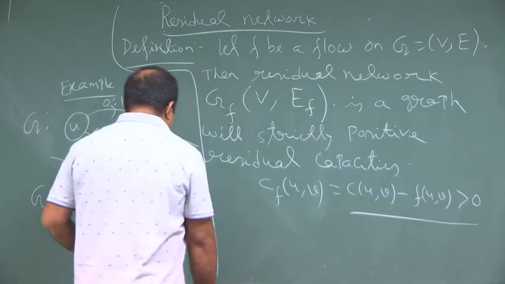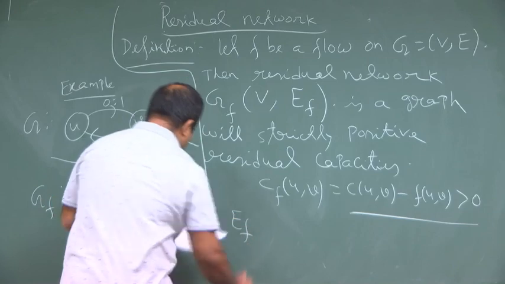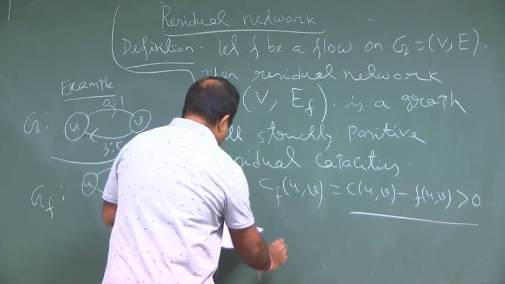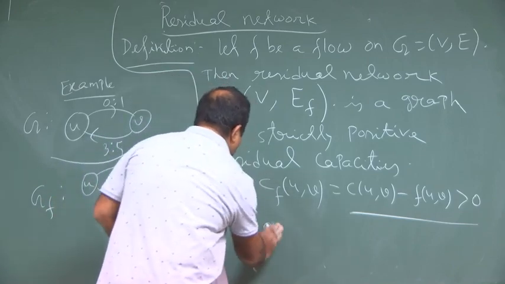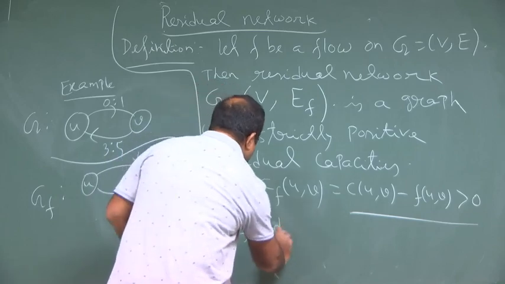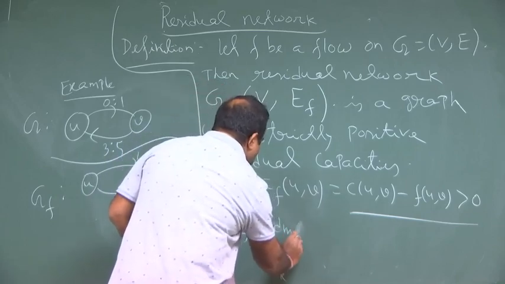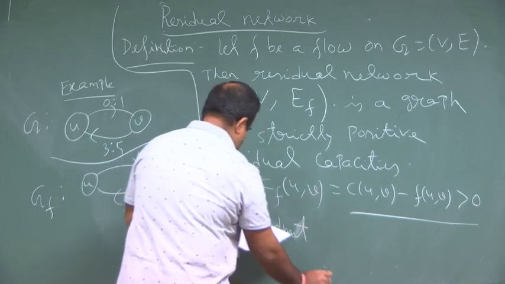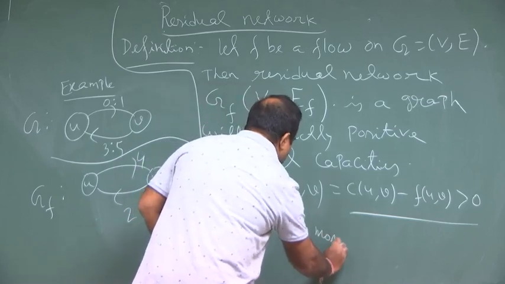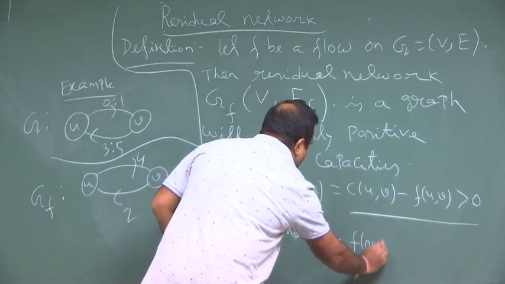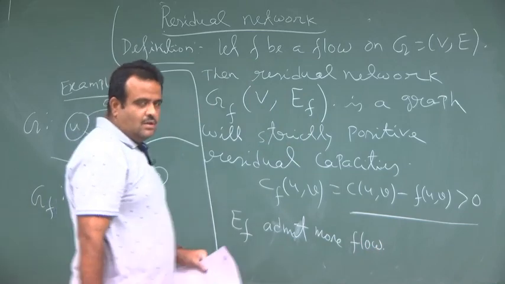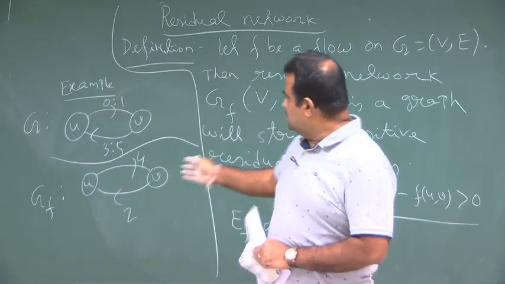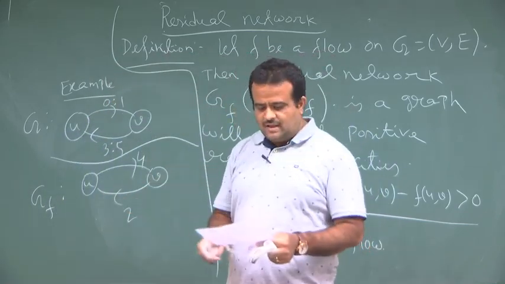So, that means this E_f basically admits more flow. How much more current can we pass in there? That is the thing.